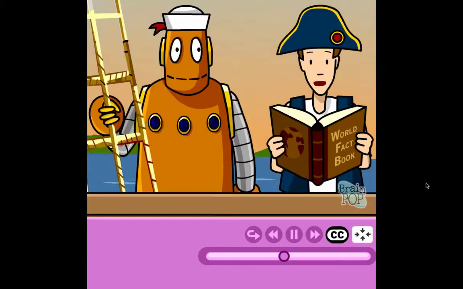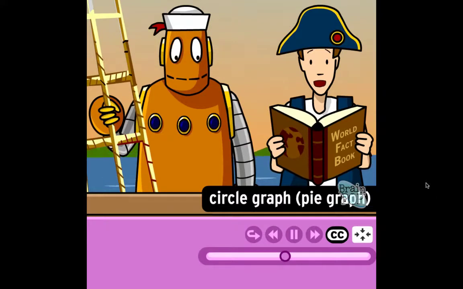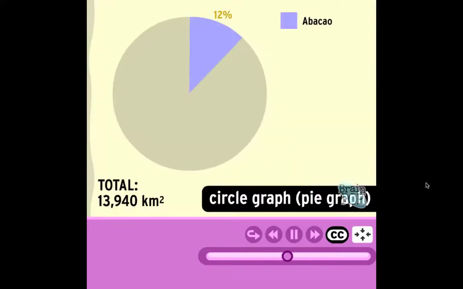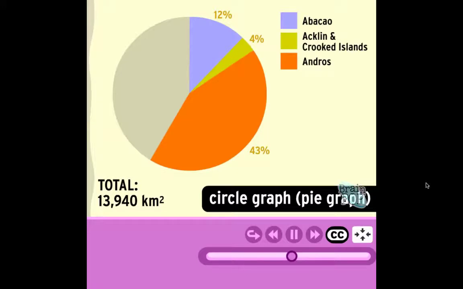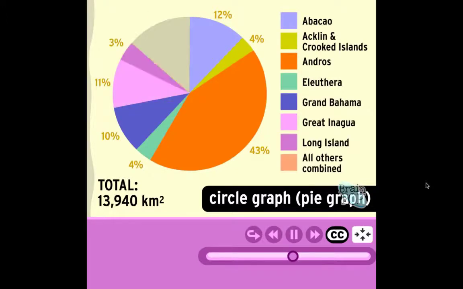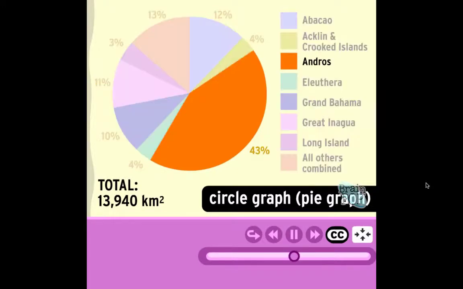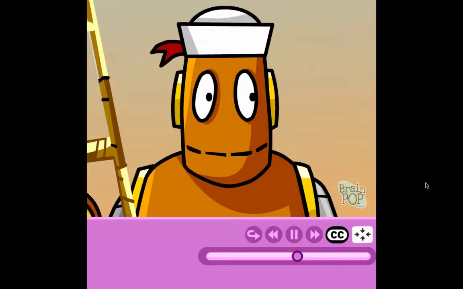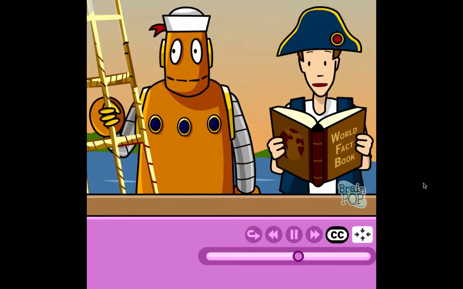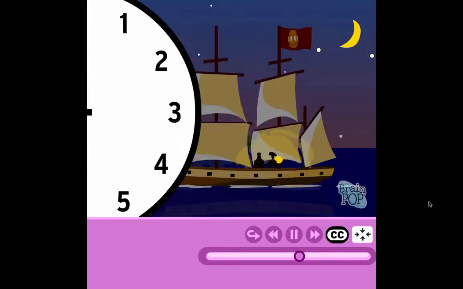Since we're graphing pieces of a whole, let's use a circle graph, or pie graph. The island of Abaco has 1,680 square kilometers, Acklins and the Crooked Islands have 520 square kilometers, Andros has 5,960, and so on. Andros Island has the largest slice, so I guess it's the island with the largest area. Off to Andros, my good man.